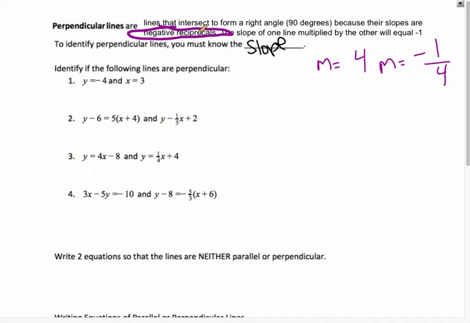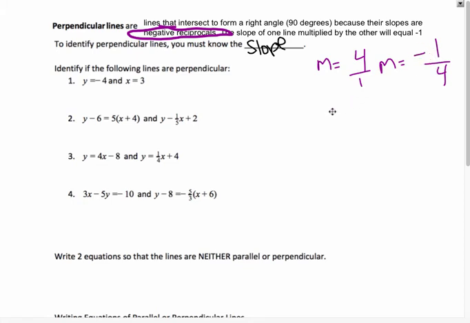What is reciprocal? Reciprocal means when you flip the numerator and the denominator. Okay, we've used reciprocal when we multiplied or divided fractions. 4 is the same as 4 over 1. So the reciprocal of that is 1/4, but I need to take the negative reciprocal, so I put a negative sign in front.